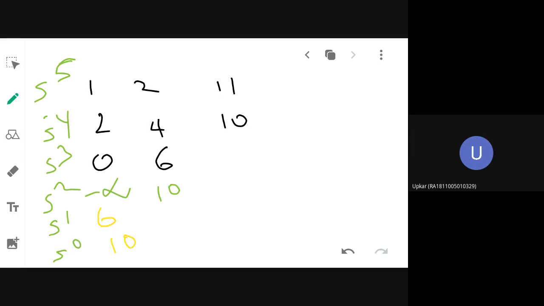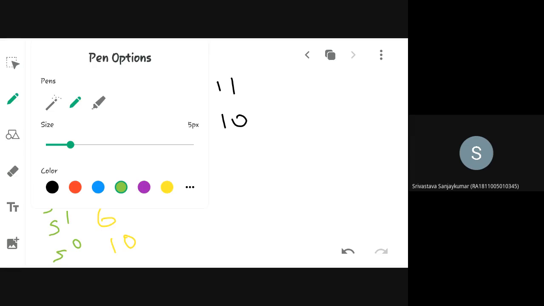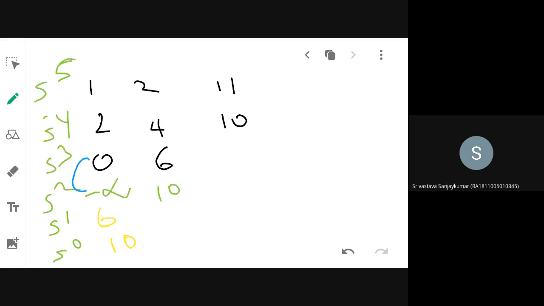So now you check whether there are any sign changes or not. Yes, ma'am. How many sign changes are there? 2. Plus to minus and minus to plus, 2 sign changes are there.